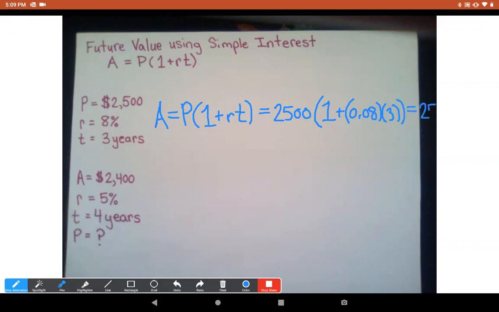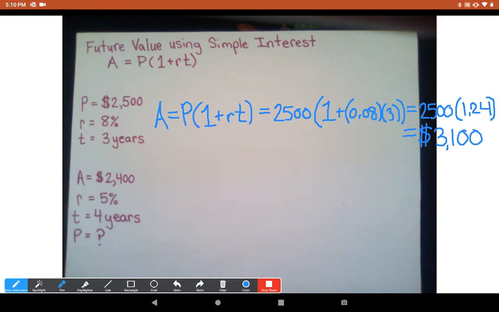Now what we have is 2,500 times 1.24, where 0.08 times 3 is 0.24, and then we add that to 1. 2,500 times 1.24 equals a dollar amount of 3,100.